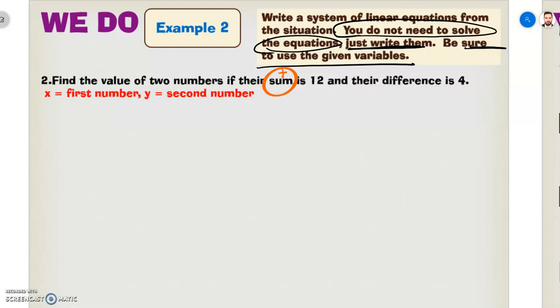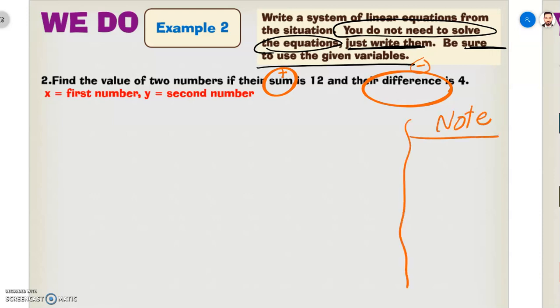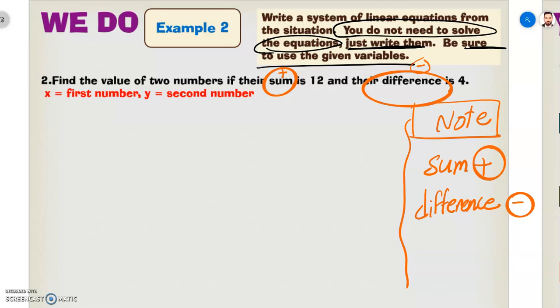And difference means minus. So you should understand and write it as a note here. The word sum means plus, and the word difference means minus. Please write it as a note in your copybook, okay, for analyzing any word problems.